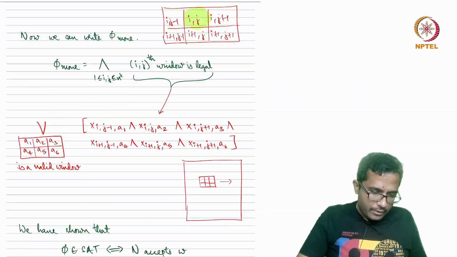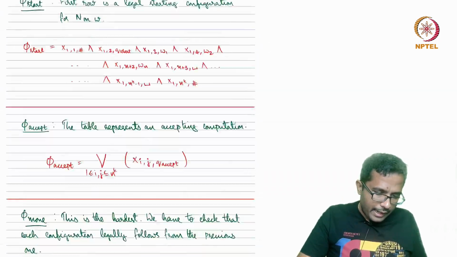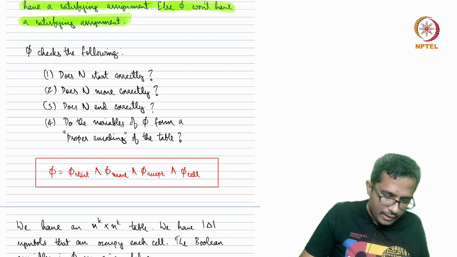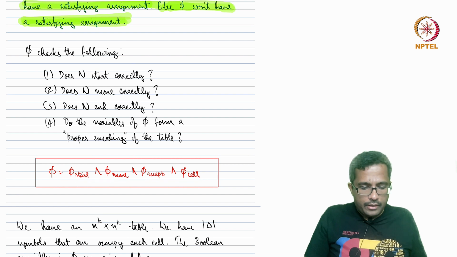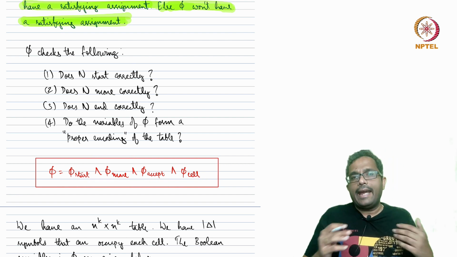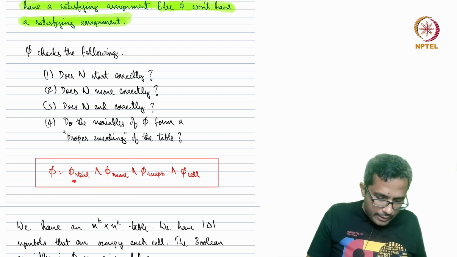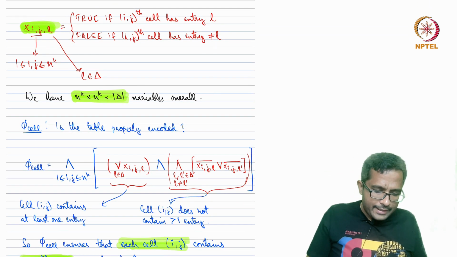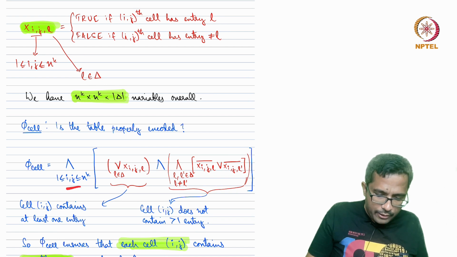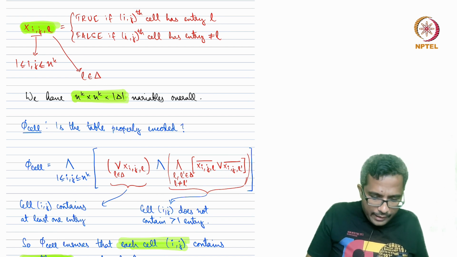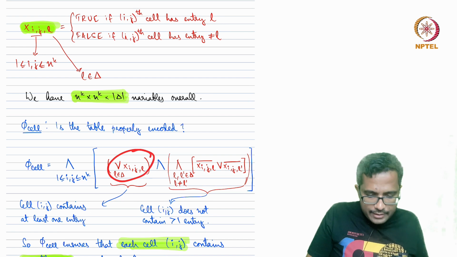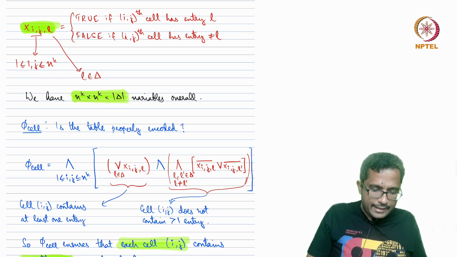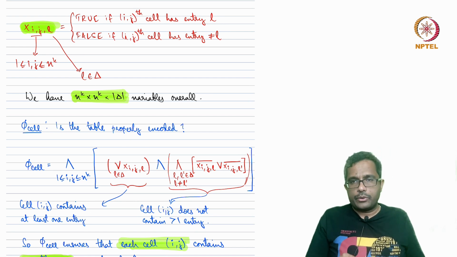So first, the formula is an AND of four things: phi start, phi move, phi accept, and phi cell. A CNF means an AND of ORs, an AND of clauses. So we'll show that each one of them is a CNF, and this is not that difficult. Phi cell is already in the form of an AND of ORs, so it's okay.